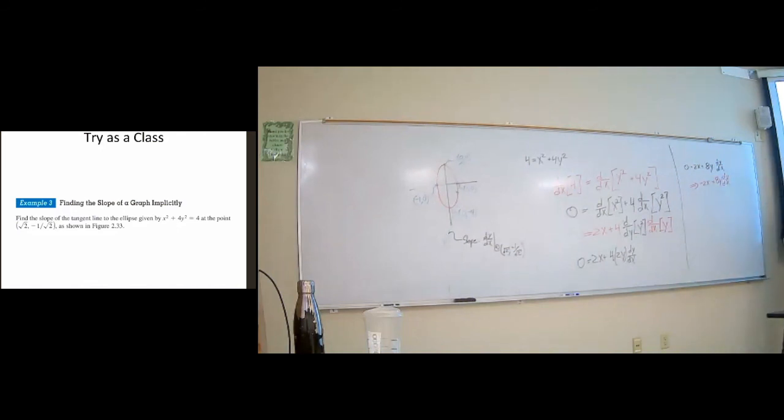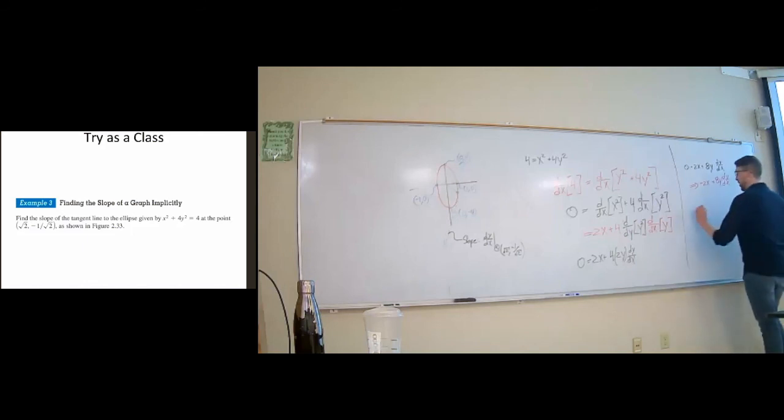Now all we have to do is divide both sides by 8y. We get negative 2x over 8y is equal to dy/dx.